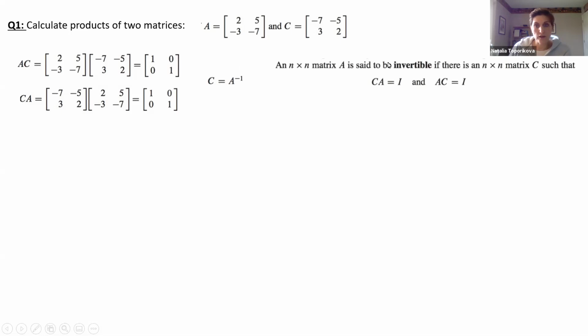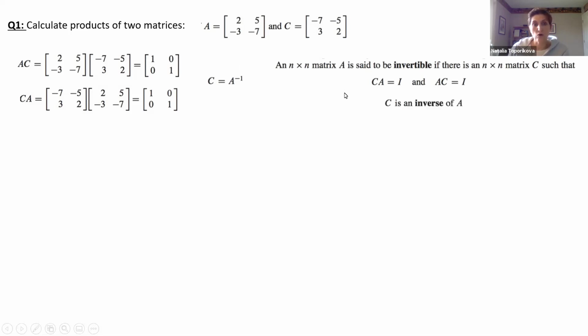Those matrices are called invertible matrices. In general, the matrix has to be square, and we say that A is invertible if there is a matrix C such that multiplying A by C gives us an identity matrix, and the order of multiplication doesn't really matter.